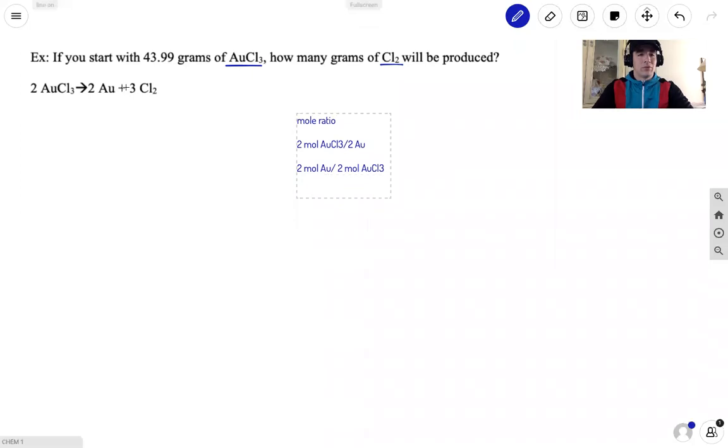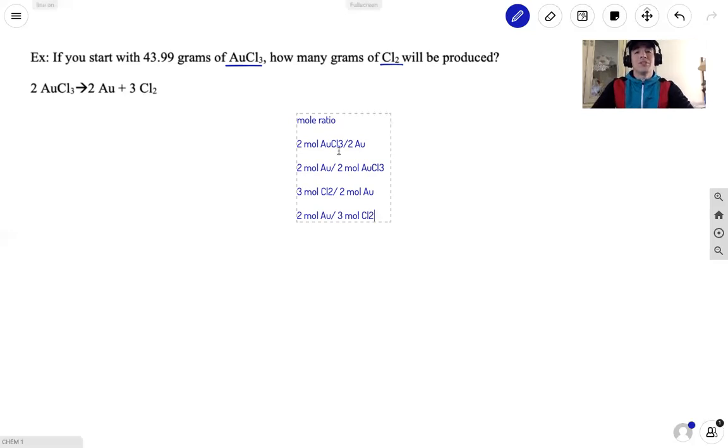For every 3 moles of dichloride, Cl2, so 3 moles Cl2, for every 3 moles of dichloride, we'll have 2 moles of gold. And you can also write this the other way. For every 2 moles of gold, we have 3 moles of dichloride. So 2 moles of gold will give us 3 moles of dichloride.